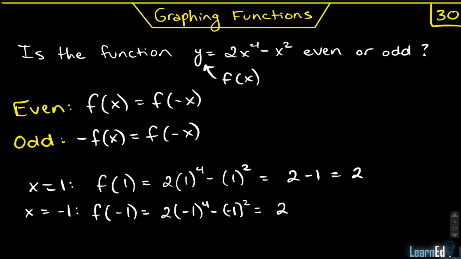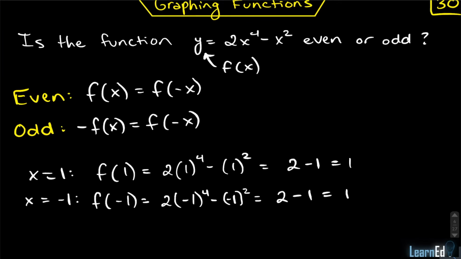Because these things are being put to an even power, we still have 2 minus 1 here, and that is, sorry, this is not 2. I don't know why I marked that as 2. That's 1. Anyways, these are both 1, and that's a good thing, so we know that this function is even.